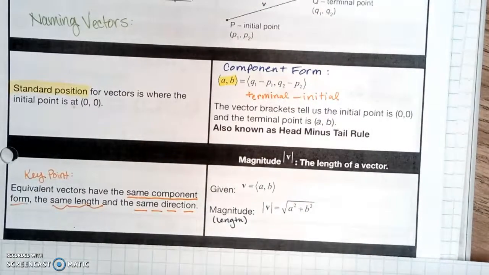All right, so the key point today is that equivalent vectors have the same component form, meaning they have the same length and the same direction.